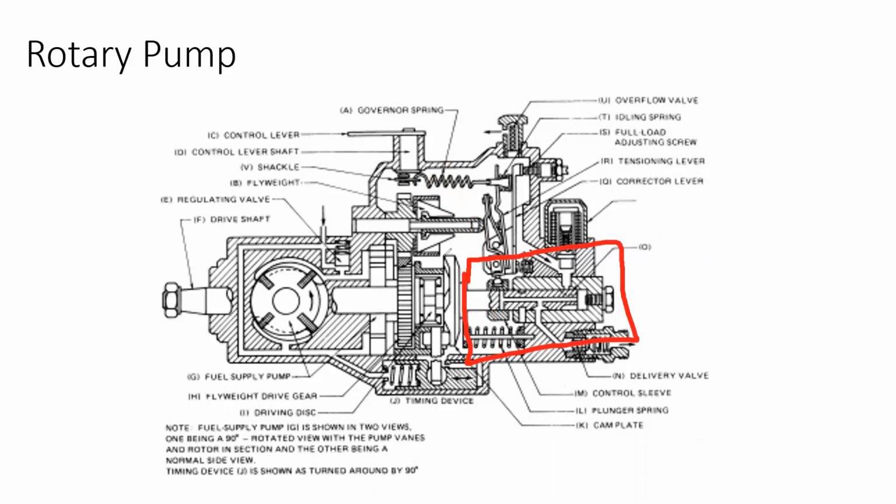If you can see here, this is called a rotary cam. This is a rotary cam. It looks like a sort of wheel with... how do I say this? Something like that, right?